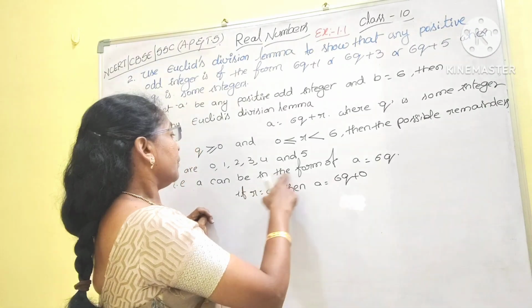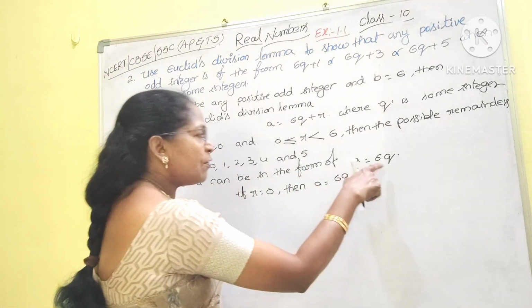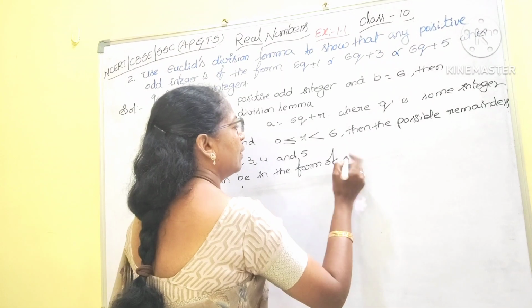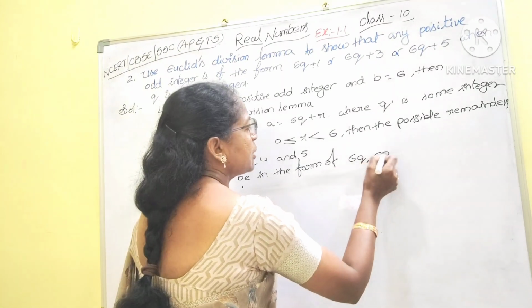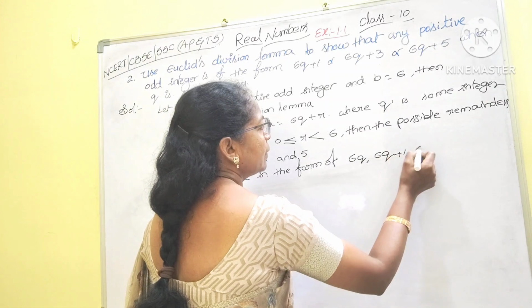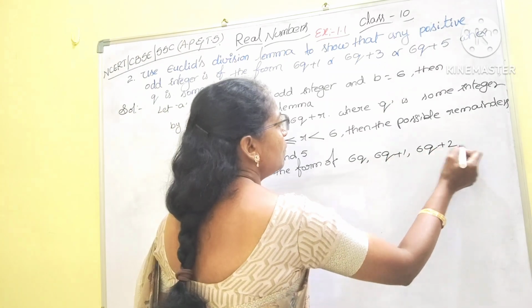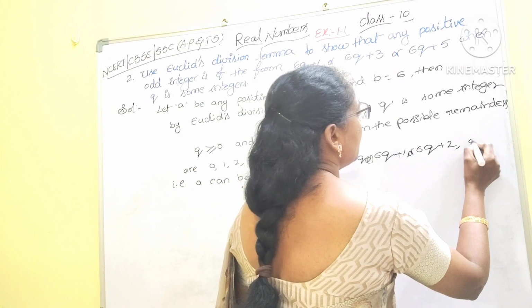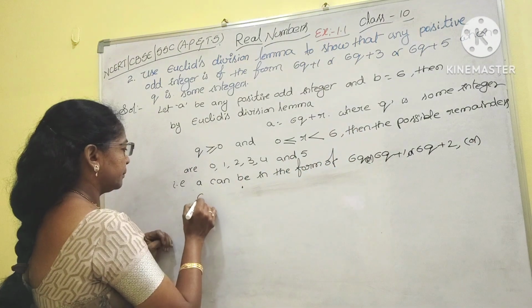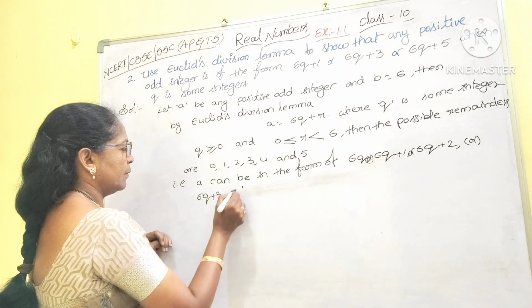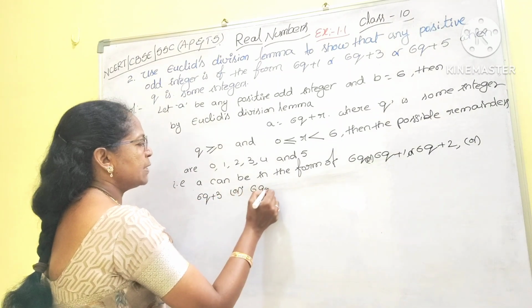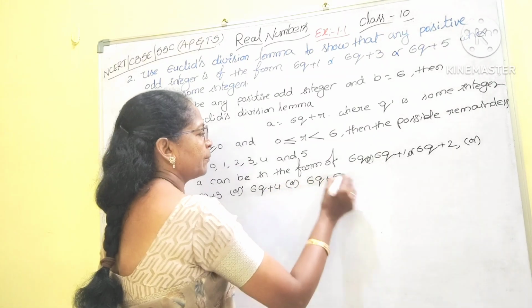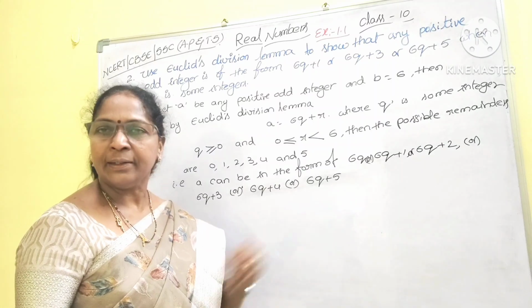So A can be in the form of 6Q, or 6Q plus 1, or 6Q plus 2, or 6Q plus 3, or 6Q plus 4, or 6Q plus 5. Any of these values you can get.